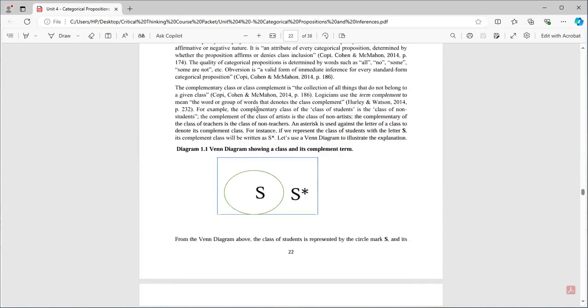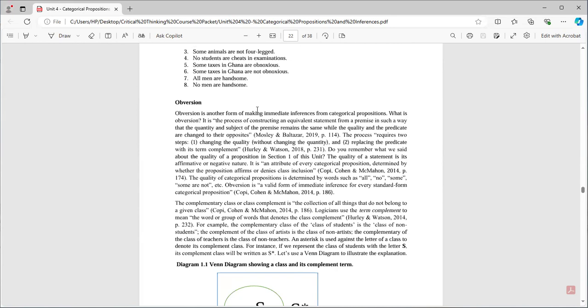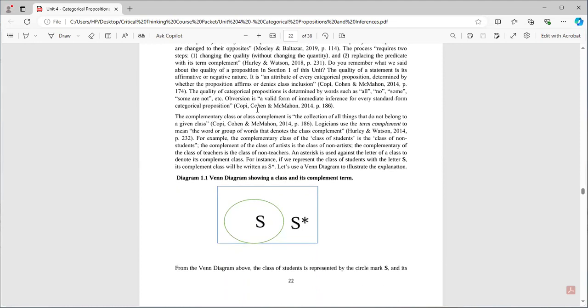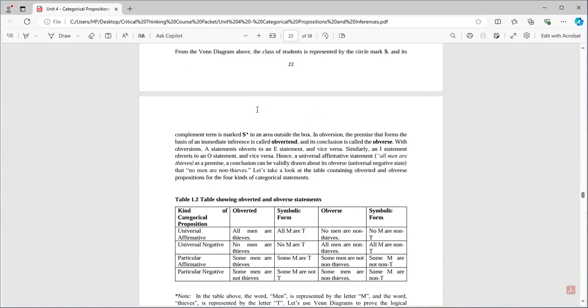Now let's come to the obverse. Now with the obverse, we do the swapping. No, that one you don't even need, sorry, you don't need the swapping.